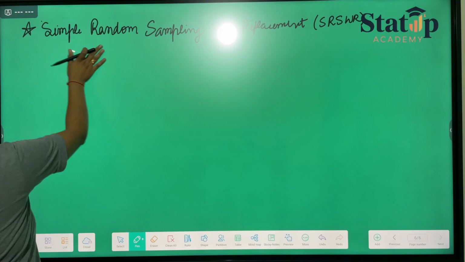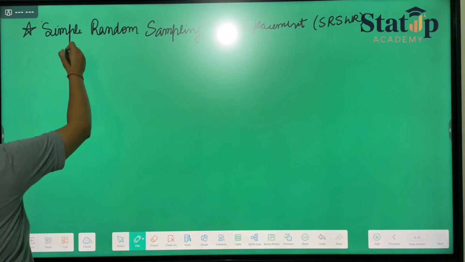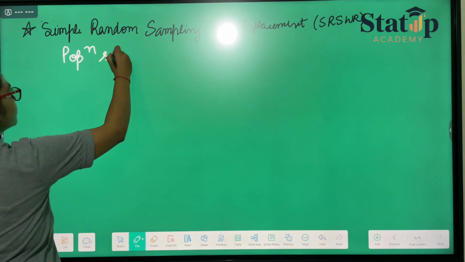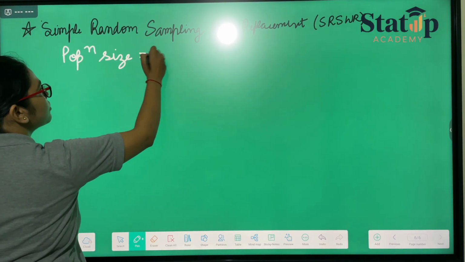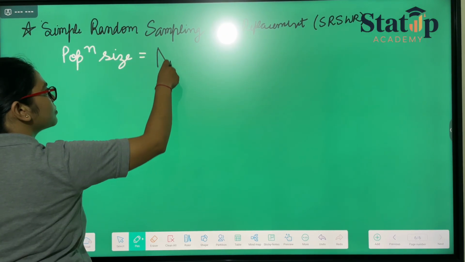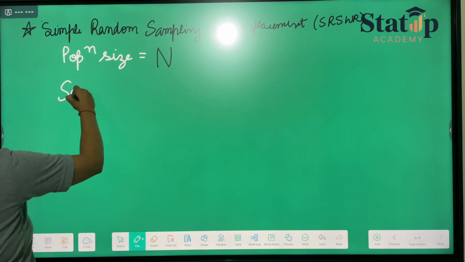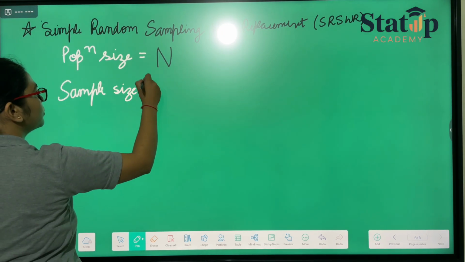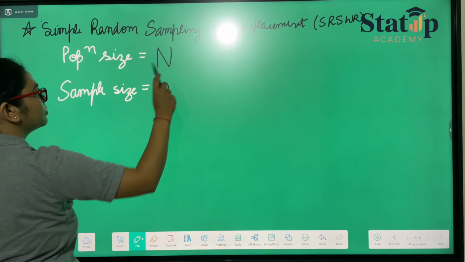Let us consider that population size is equal to capital N, and sample size is equal to small n.